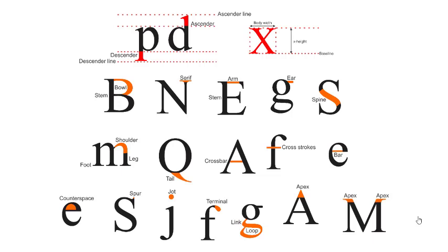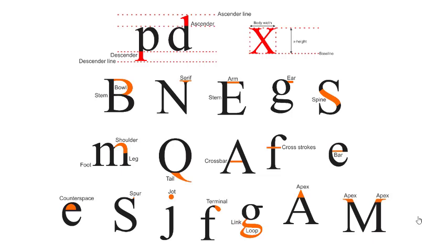Now we have a lot of them here, and this is a serif font, of course. All these texts here are serif text, because serif tends to have more details, unlike sans serif. You can see we have the descender line, we have the ascender line.